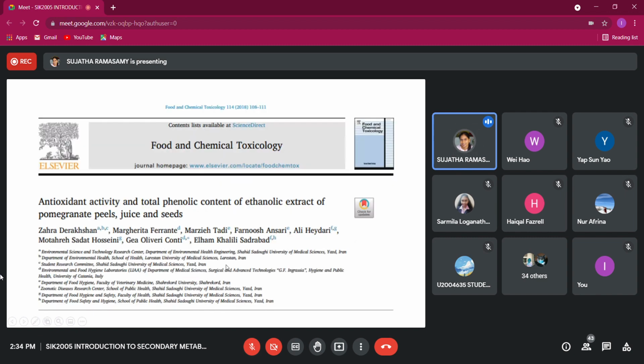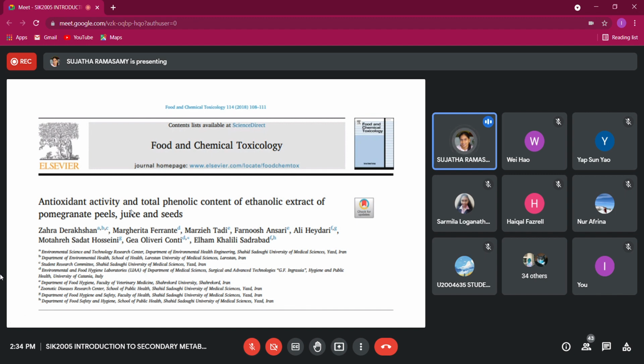Okay, and another example of research to study antioxidant in pomegranate, delima, but they study in a different parts of the fruit, from the peels, kulit dia, juice and seed. And surprisingly, you will find different parts of this will have different phenolic compound.